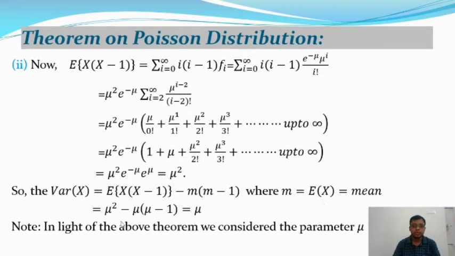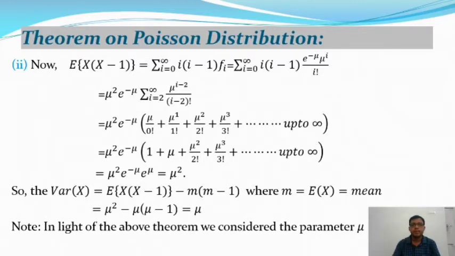So now we are going to find the variance of X, which is equal to the expectation of X into X minus 1, minus m into m minus 1, where the expectation of X into X minus 1, from the definition of expectation for a distribution function, is the summation over i equal to 0 to infinity of i into i minus 1 into f(i).